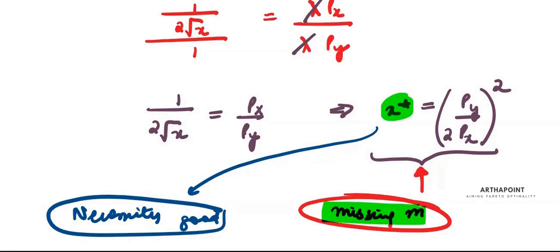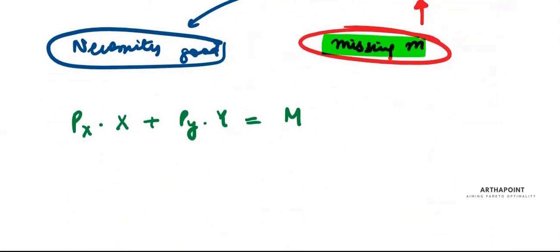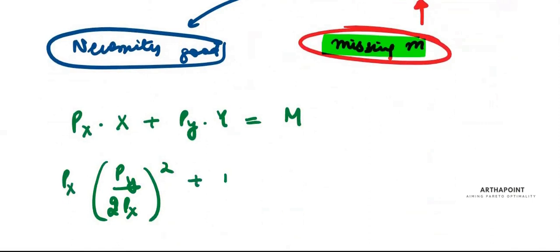Now, let's go ahead and find out the value of y. So what is your y? Y is nothing but m. So how do you write your budget line? Your budget line is px into x plus py into y is equal to m. In this case, I am getting my x as (py by 2px) whole square, into px plus py into y equal to m.